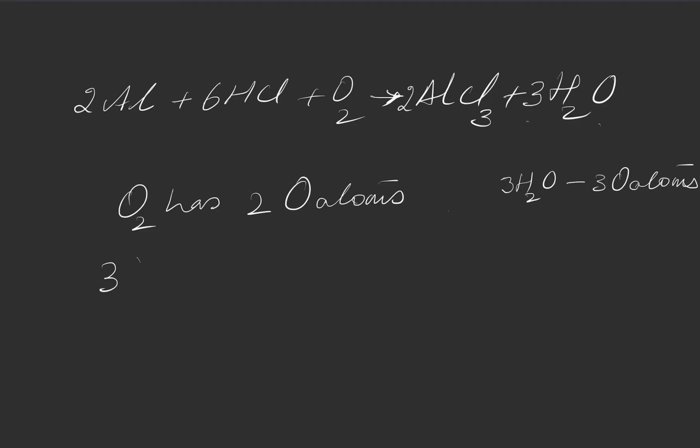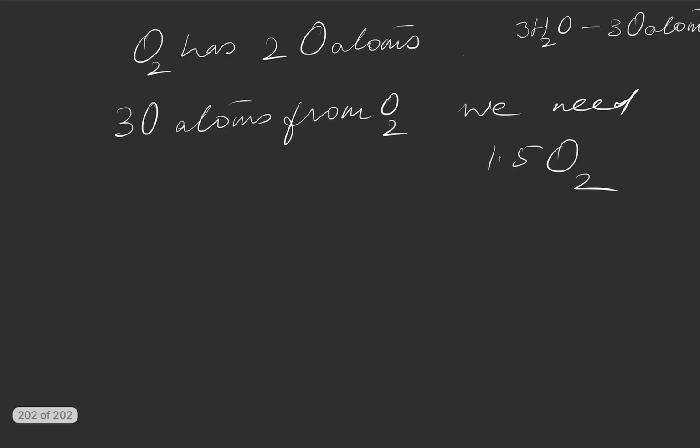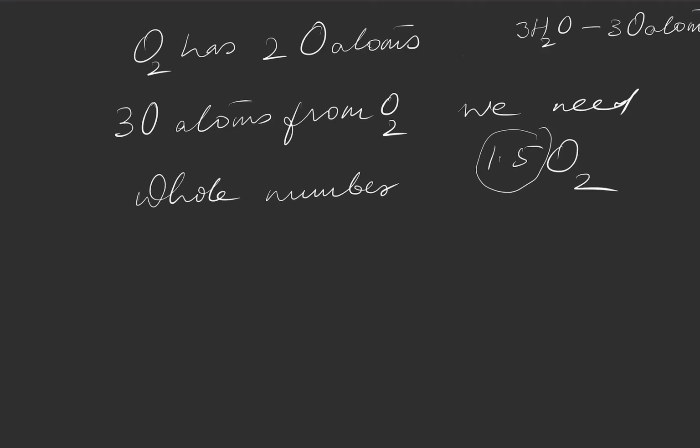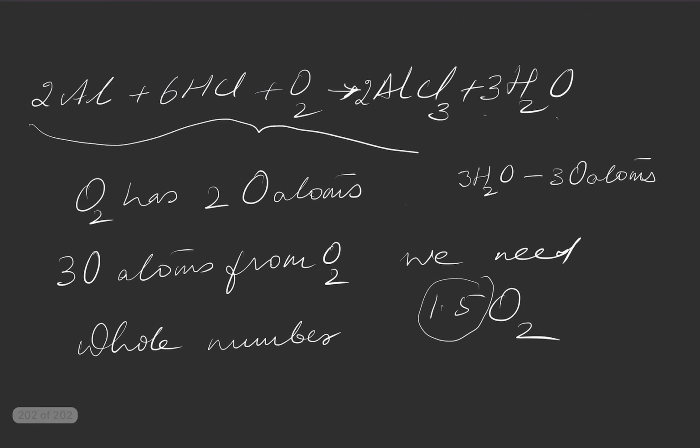To get 3 O atoms from O2, what we need is 1.5 O2. We can't do this 1.5 in balancing. There has to be a whole number. So what we can do here is multiply the whole equation by 2.